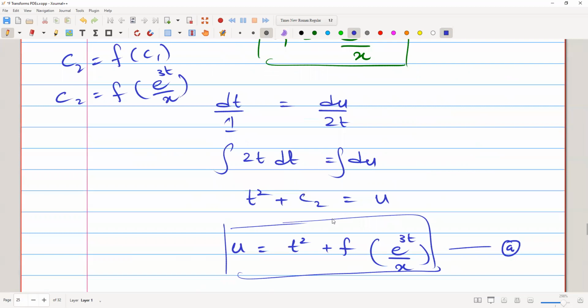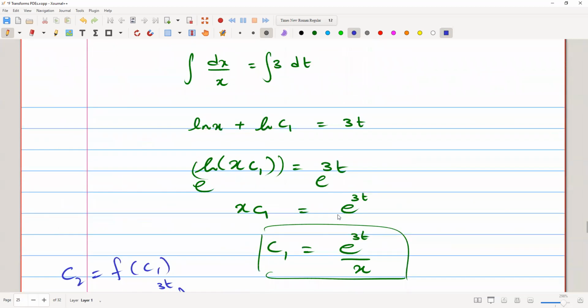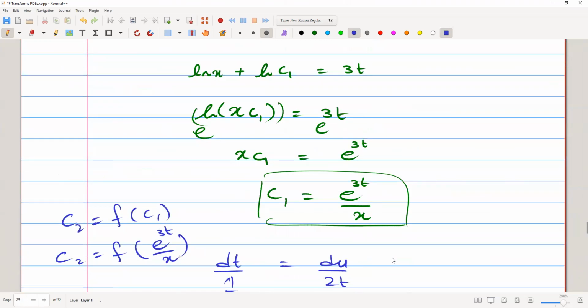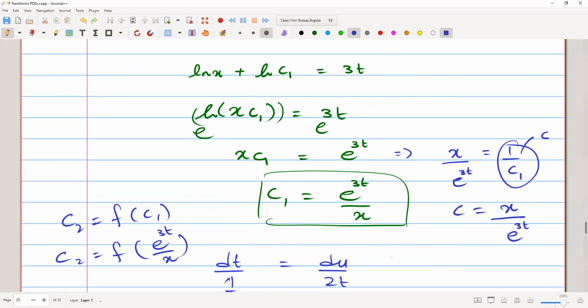All right, there is one more thing: in this step we get x in the denominator, but one thing we can do is write it in this manner, x over e to the power 3t equals 1 over c1, and we can call this simply c because it's a constant, so this will be easier to work out.